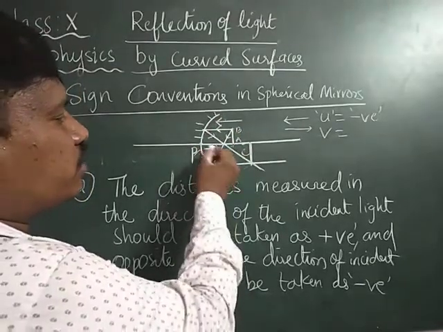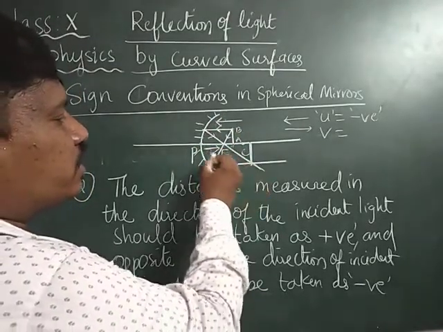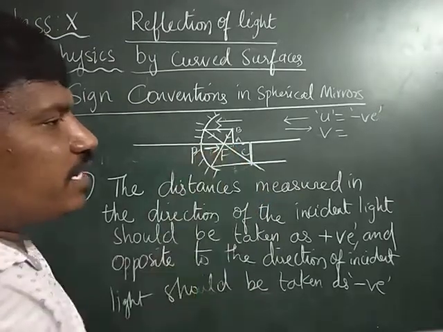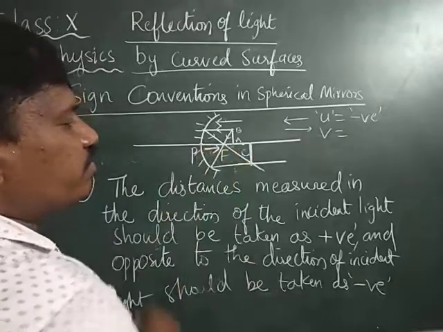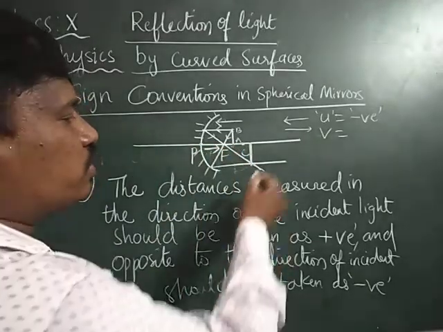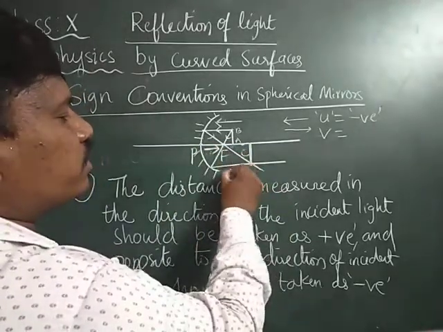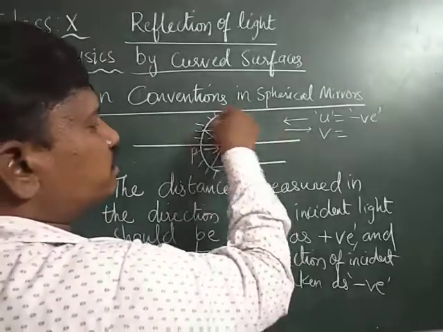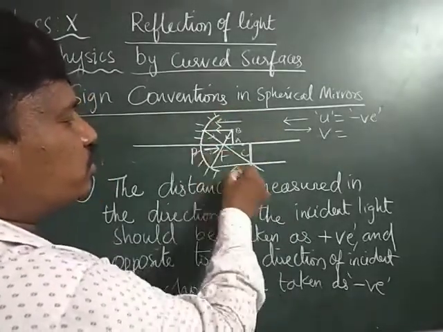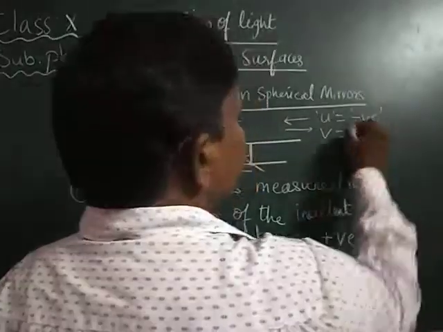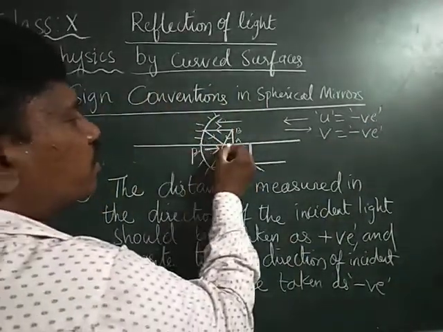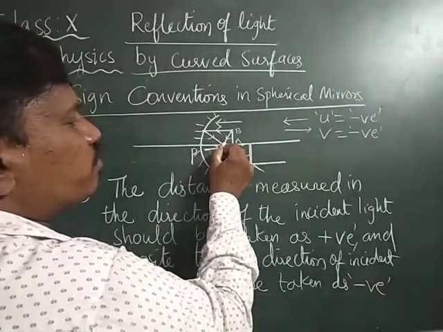Here also, this is the direction of measuring, that means we are measuring from the pole. The incident light comes the same way, so we take it as negative. What is the focal point here? Here is the focal point.